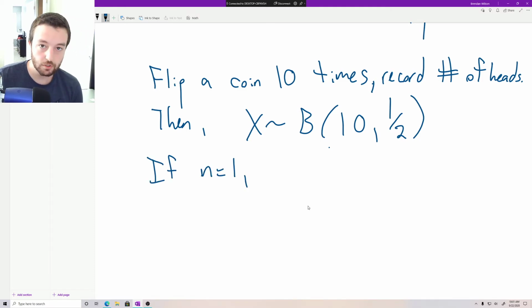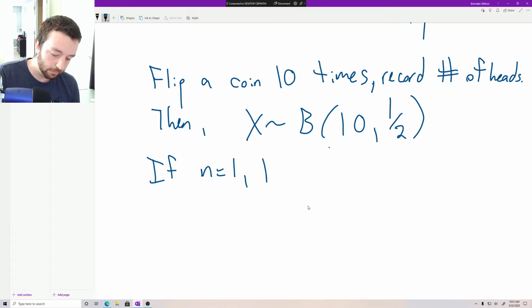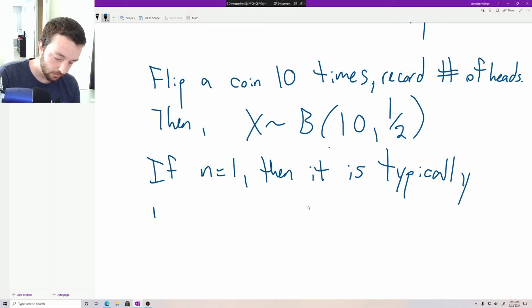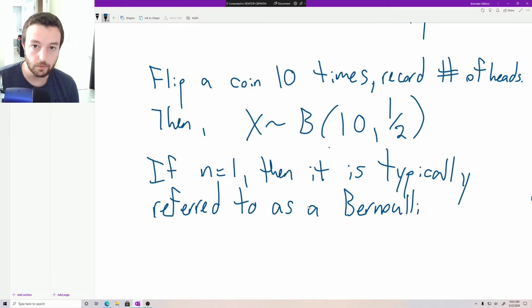If n equals 1, if there's only one trial, so we flip a coin one time, you do something once and there's only two possible outcomes, either it happens or it doesn't, it's typically referred to as a Bernoulli trial, Bernoulli distribution, Bernoulli random variable, any of those.